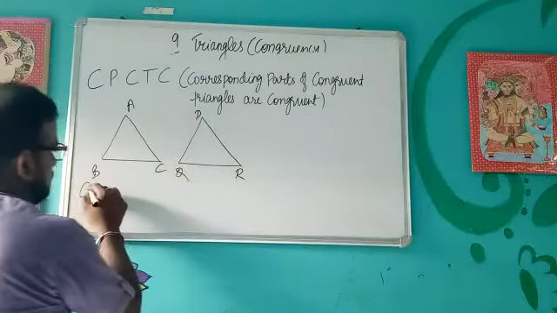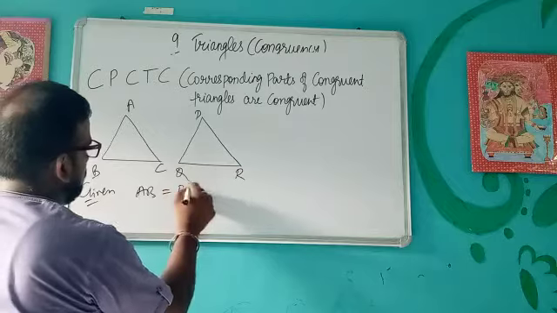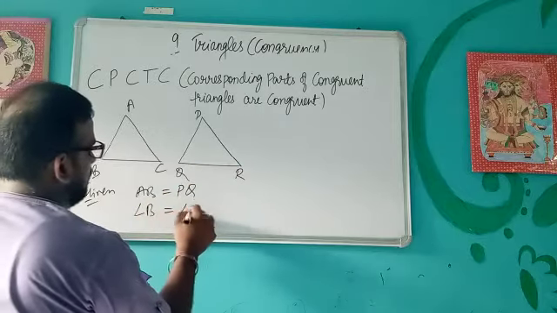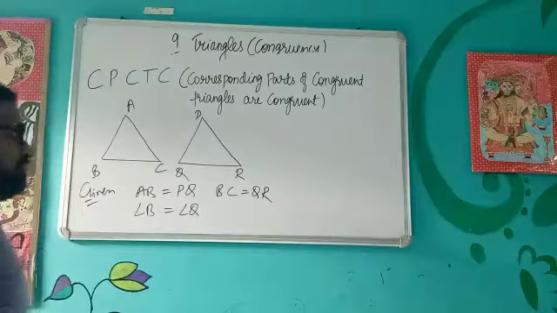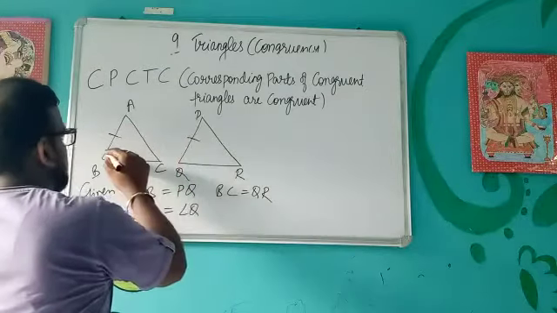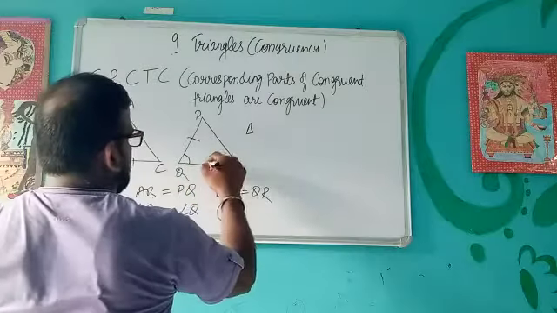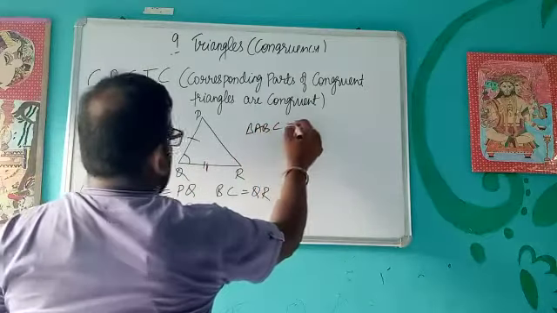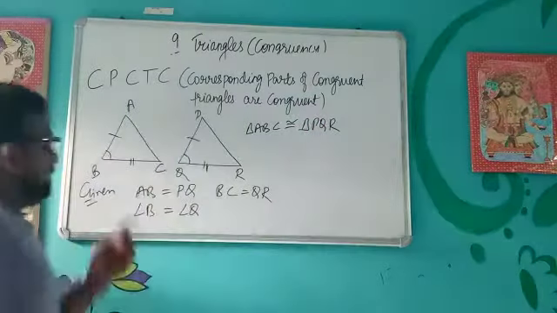Suppose it is given that AB equals PQ, angle B equals angle Q, and BC equals QR. Okay, suppose these three things are given, so we can easily say that these two triangles are congruent. We can write triangle ABC is congruent to triangle PQR. Which criteria?